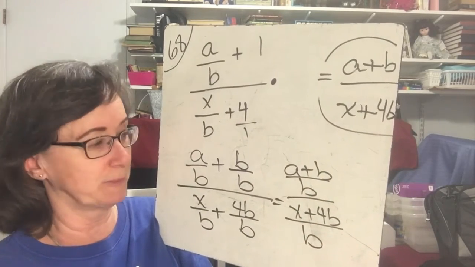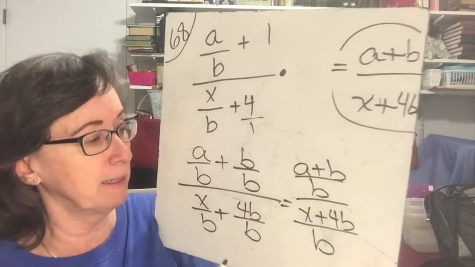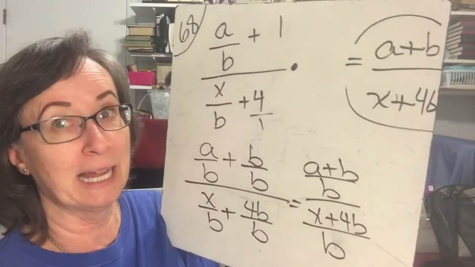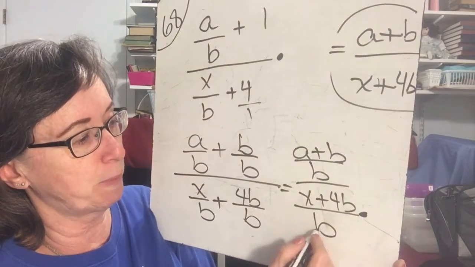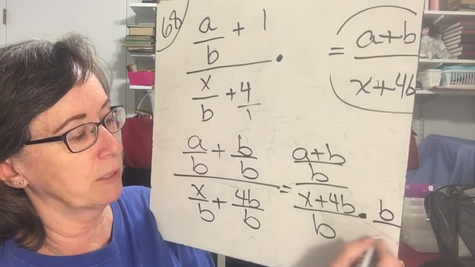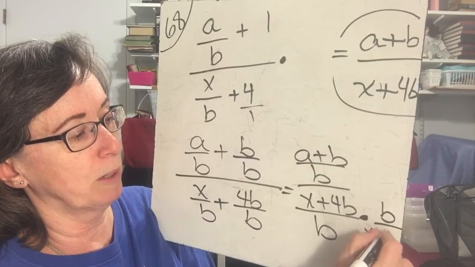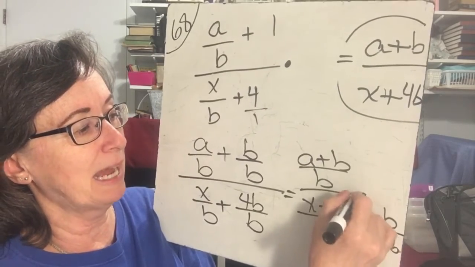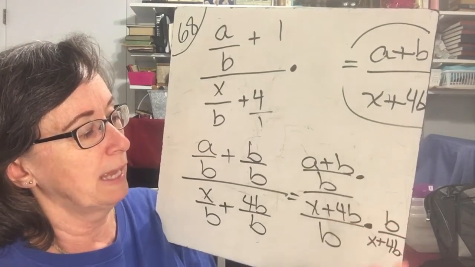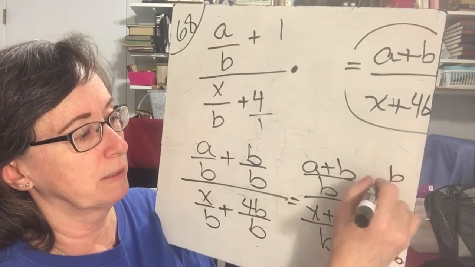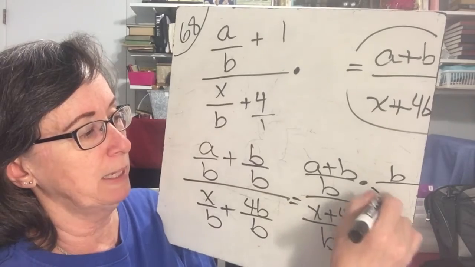But I'm going to do it the book's method. I'm going to multiply by this reciprocal. The reciprocal of this is going to be B over X plus 4B. And then I multiply by the same thing on the top, B over X plus 4B.